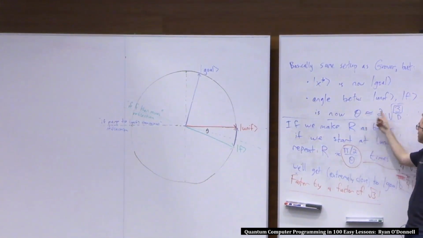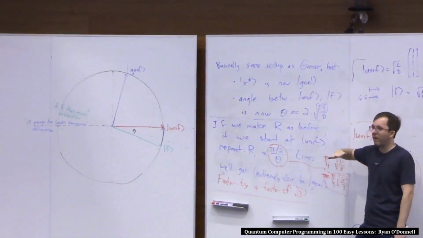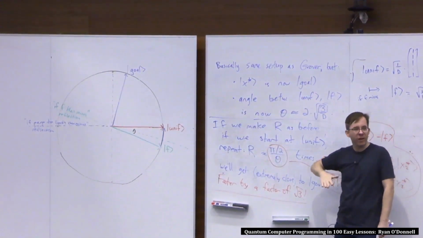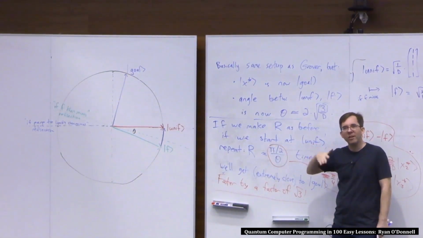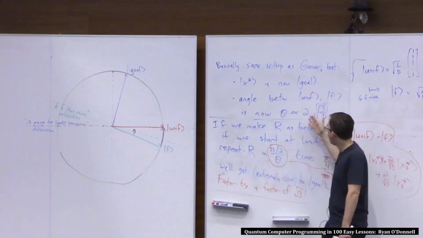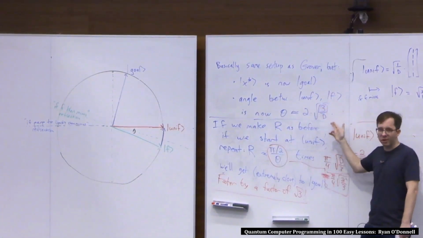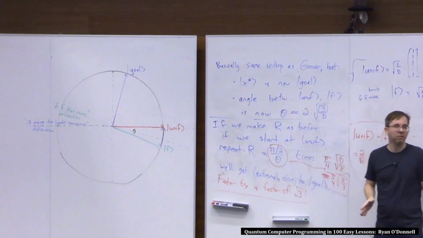So theta is either 2 times 1 over square root d, or it's 0. So there's a smallest non-zero value of theta possible. If you eventually convince yourself that theta is smaller than 2 times 1 over square root d, then the only other possibility is that it's 0.